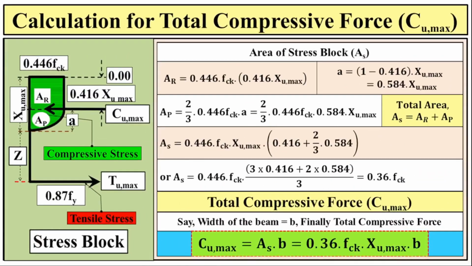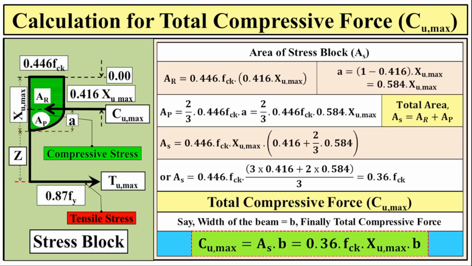This diagram illustrates the calculation of the total compressive force, denoted as Cu max, within a concrete beam stress block. The stress block is divided into rectangular and parabolic areas, labeled AR and AP respectively. The base of each area is 0.446 FCK.